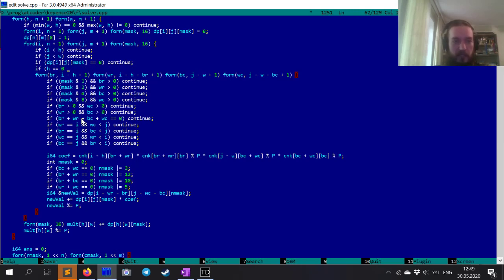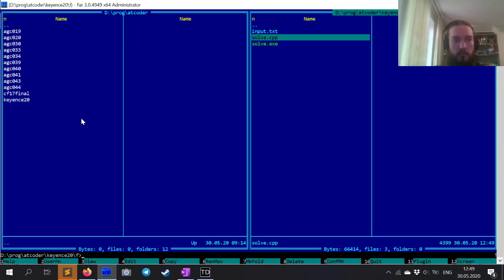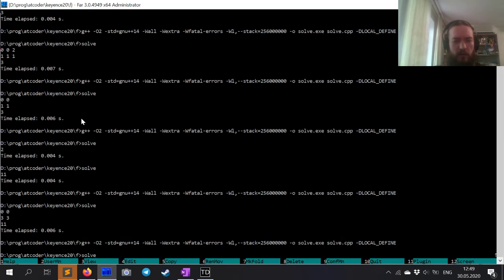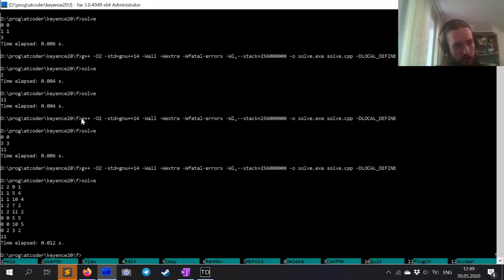So if H is 0, output ij mask dpij mask. So that should give us a list of all the non-zero values. Yes, it's what?